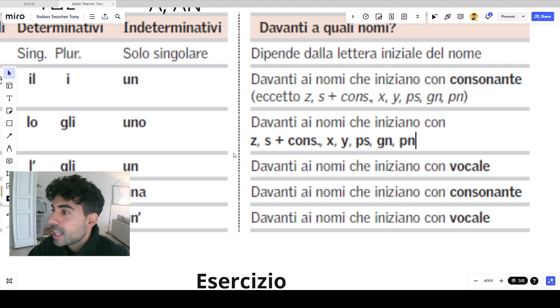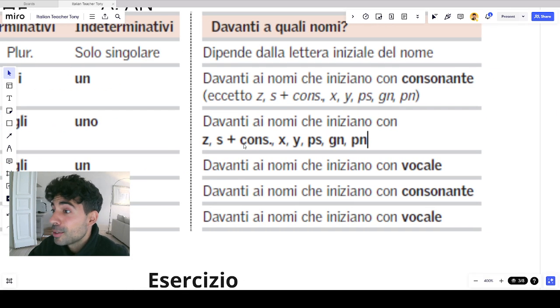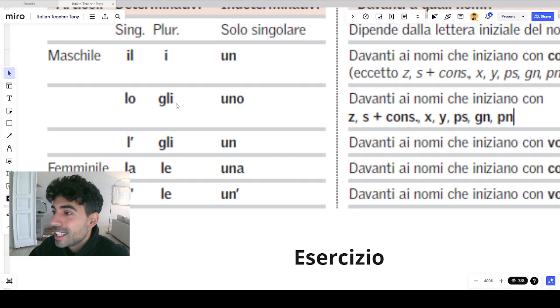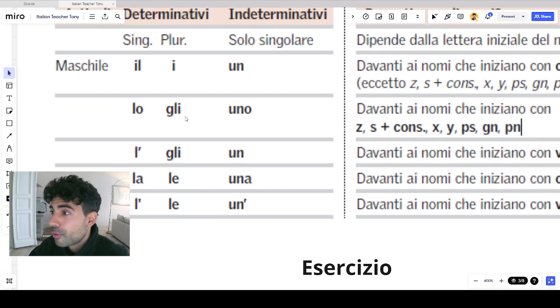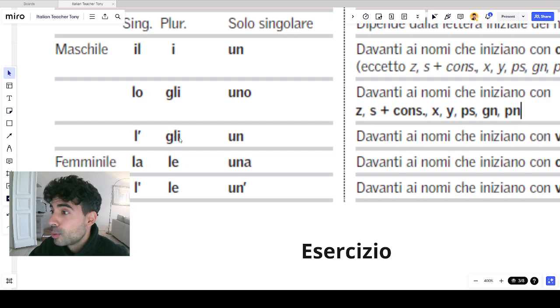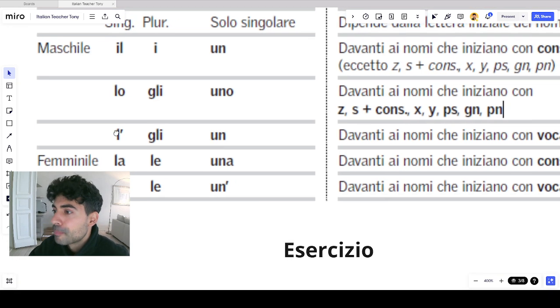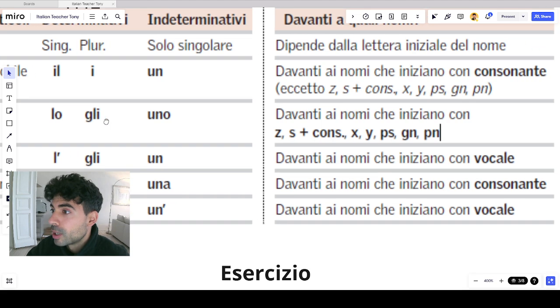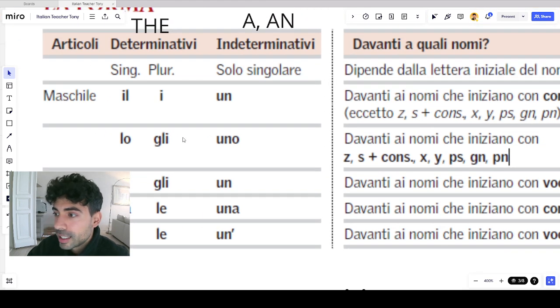In the same way, if you see this combination of letters and you know that the noun is plural, you will use gli. So gli is the plural form of lo, but also the plural form of l'. Masculine plural starting with a vowel, gli. Masculine plural starting with any of these, gli.